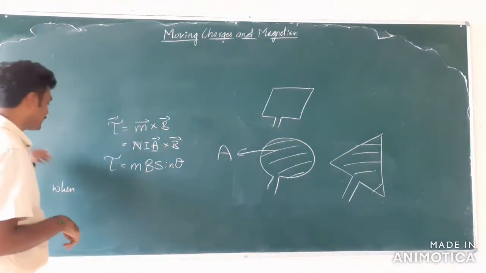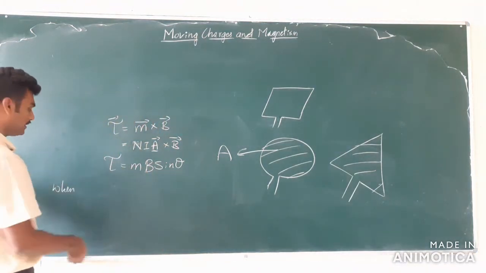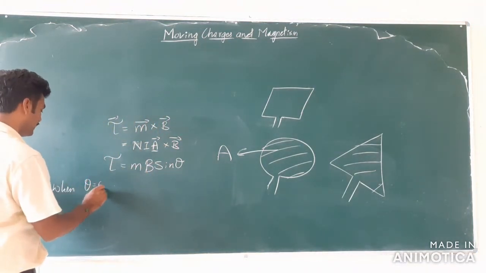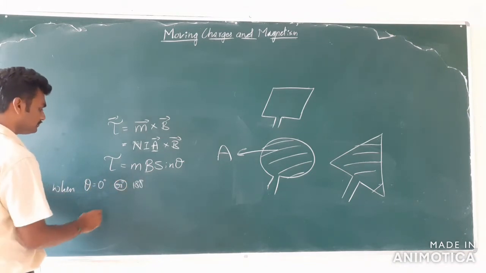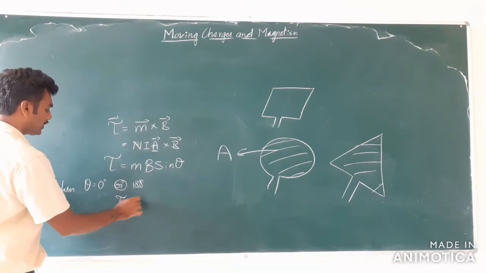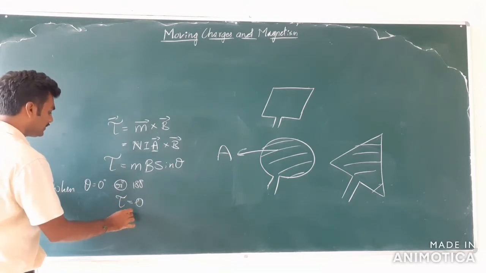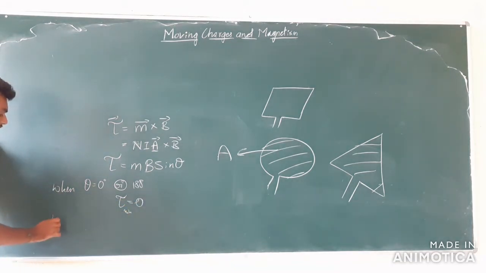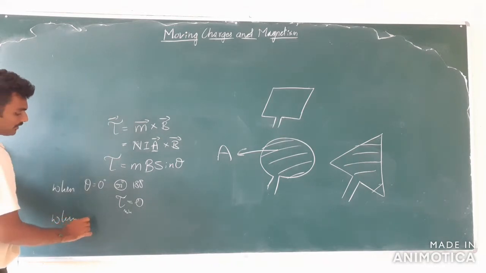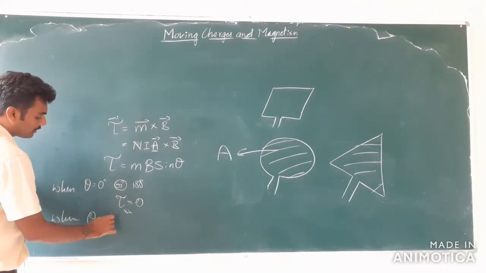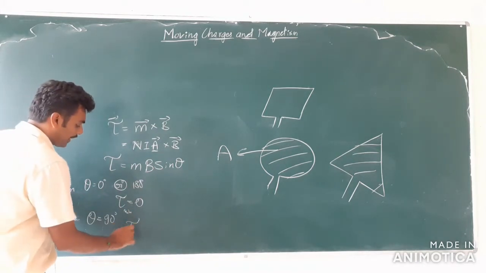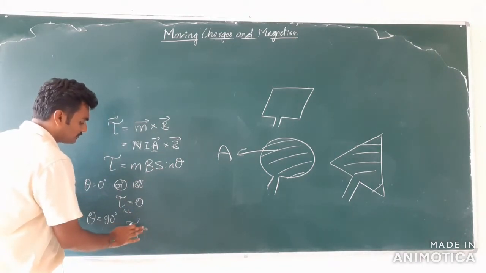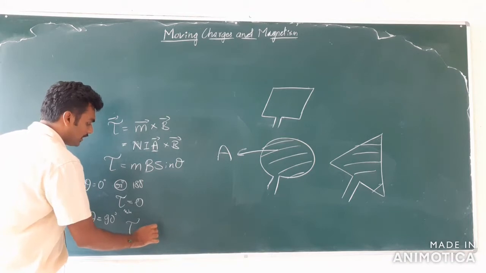The magnitude of torque is minimum when theta is either 0 degrees or 180 degrees, and then tau becomes equal to 0. That is the minimum torque experienced. The torque experienced is maximum when theta is equal to 90 degrees, so tau max is equal to M B.